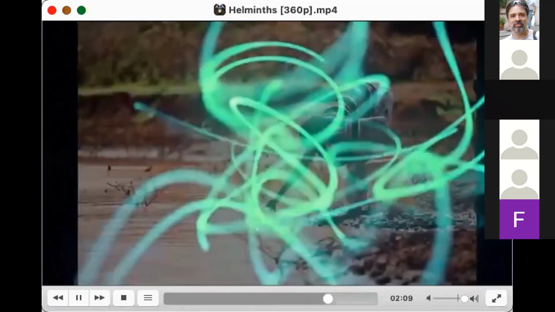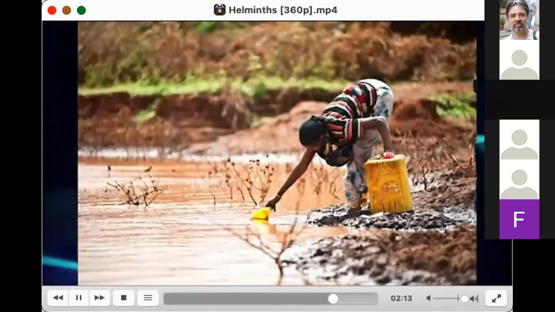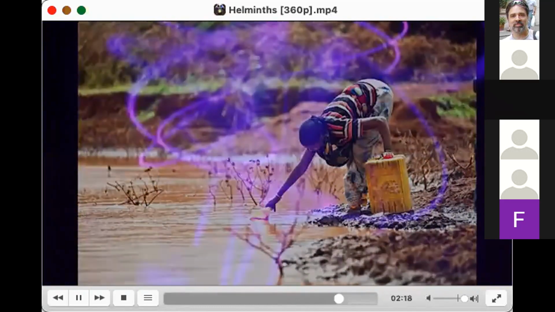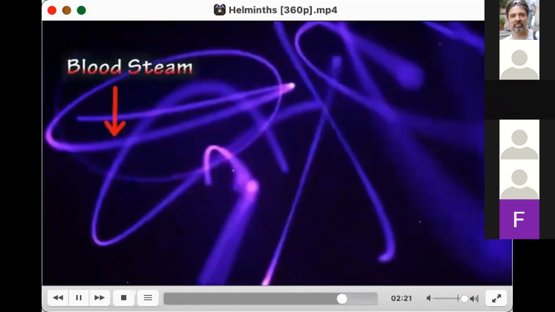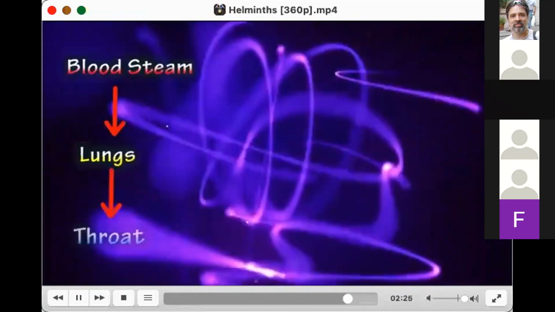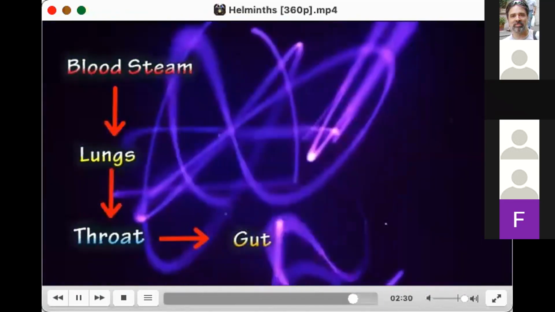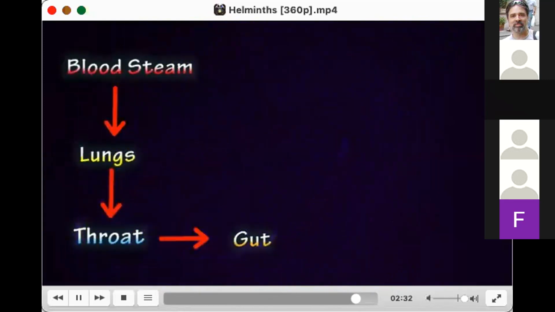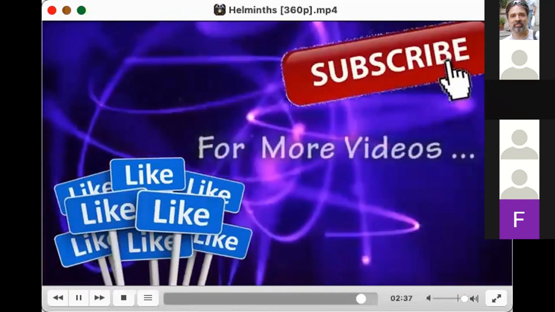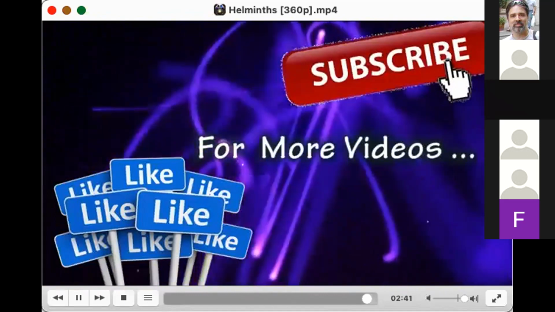These can penetrate human skin, which can happen in a person on contaminated soil. The worms then enter the bloodstream and migrate towards the lungs and throat, where they are swallowed and transferred to the gut. We'll explain complete details about the human species one by one in my future videos. Thank you.